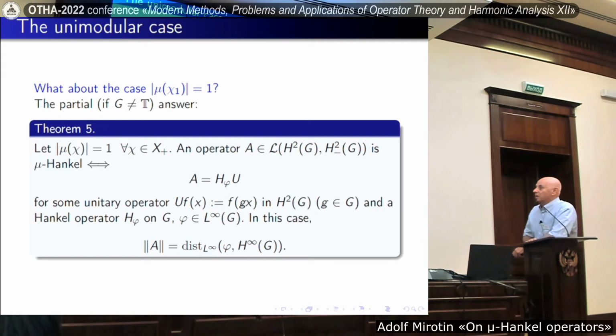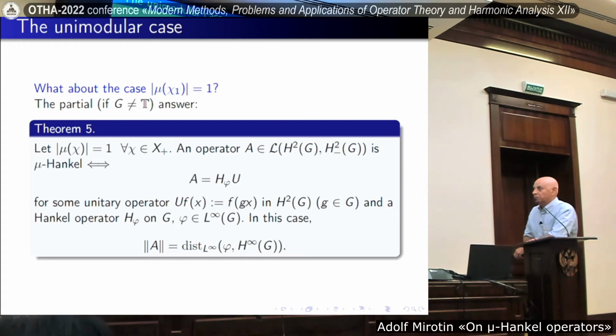In this case, we can reduce the study of a mu-Hankel operator to the Hankel operator. If the absolute value of mu is identically 1, the corresponding mu-Hankel operator is a product of the Hankel operator H phi, which was defined above, and some unitary operator of very simple form.